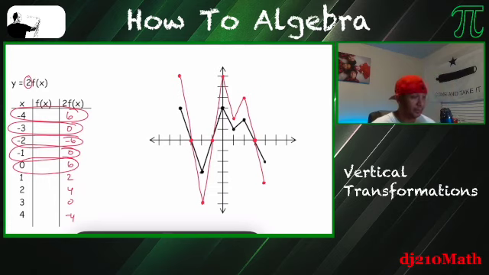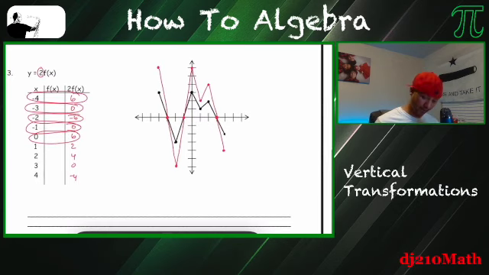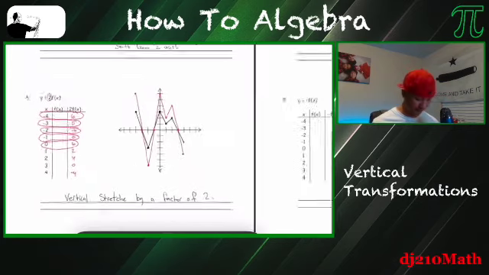So as you can see, you don't necessarily need a table as long as you understand what the transformation is doing to the function. You can just use the picture. Now, I'm not saying that you'll never have to use the table. The table is nice, but it's a vertical stretch by a factor of 2. So it's doubled.